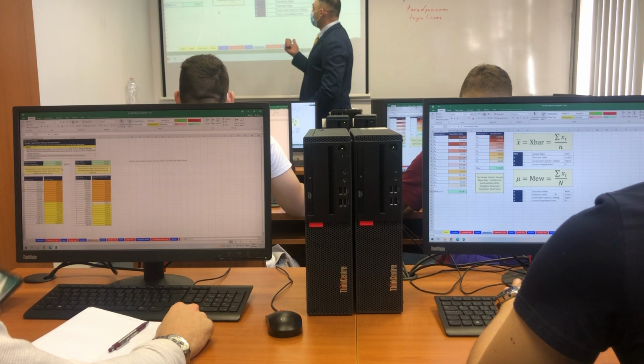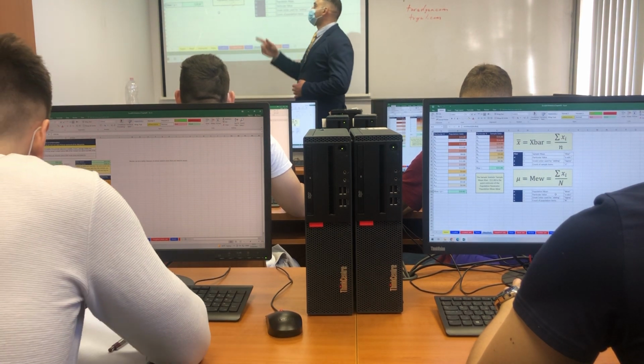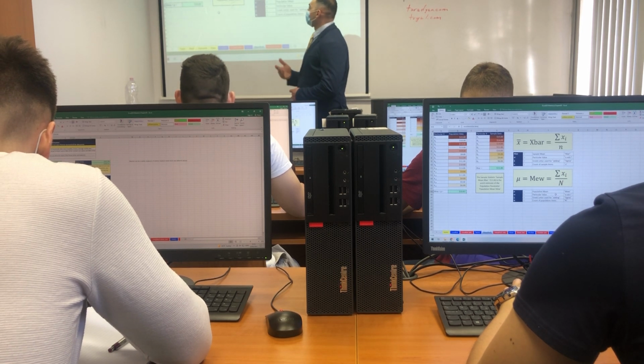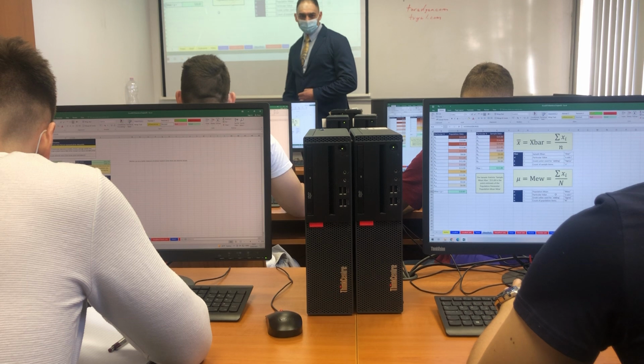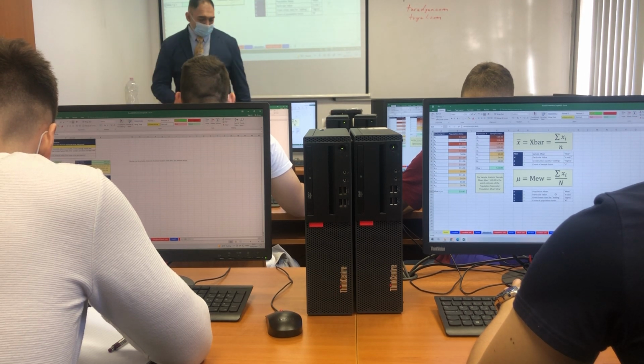But with Excel, it automatically translates the function, and one can simply understand what each function entails. So I know this is average. Okay? And this is the average.